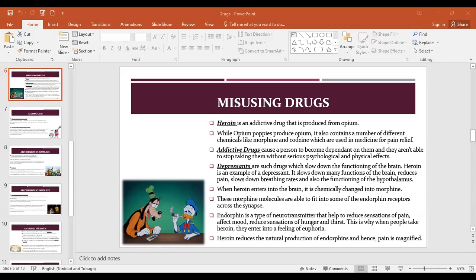But what we call depressants are any drugs that are able to slow down the functioning of the brain. So heroin and even alcohol, they all slow down the functioning of the brain. Hence the reason misusing these things is not good, because it will slow down your breathing rate and how the hypothalamus functions.